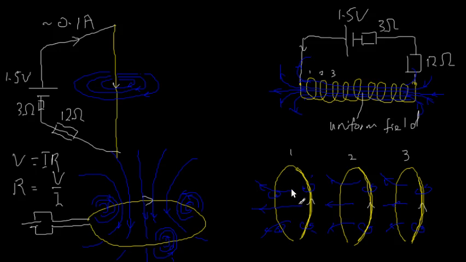Away from the center, it would change. Okay, but when you put lots of these loops together, the field is actually very uniform over the area of any cross section in the solenoid. It's only when you start coming out of the solenoid that the field starts to become weaker as it spreads out.